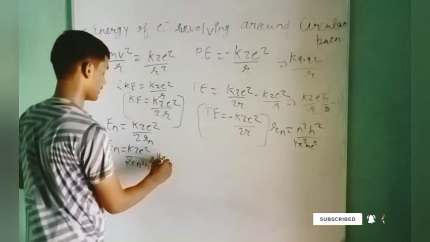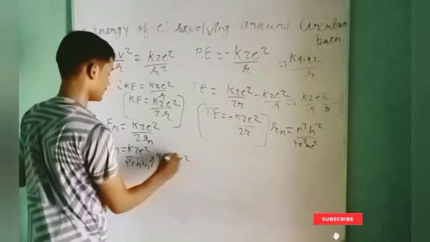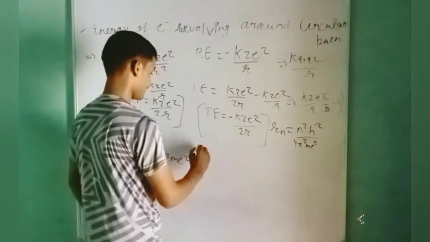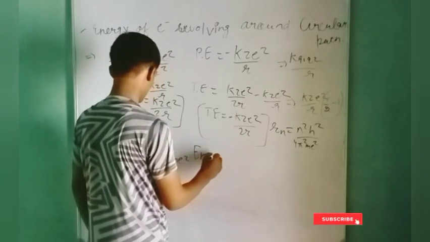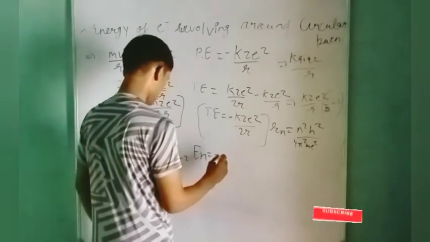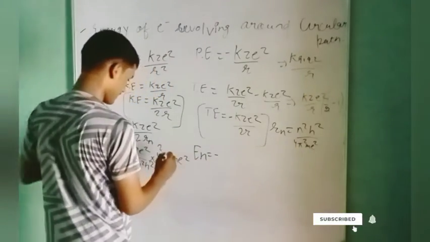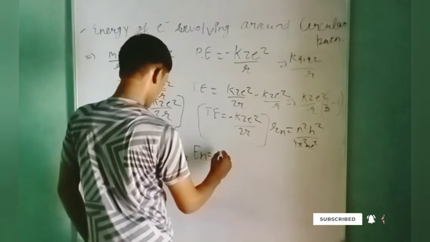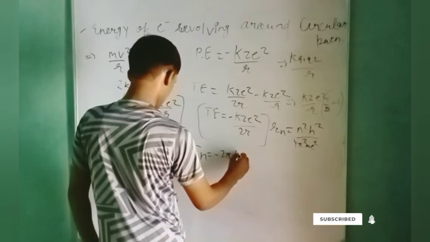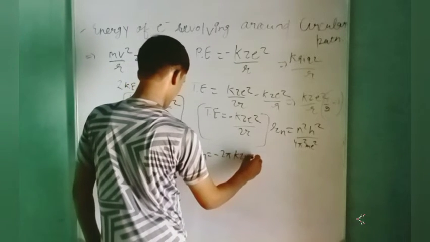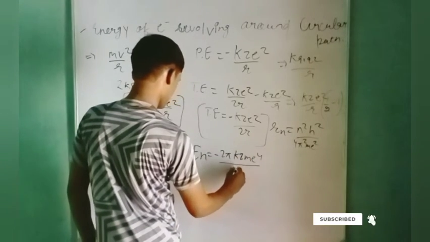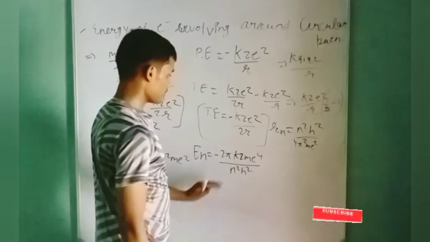So 4 pi square m e square. 4 and 4 cancel, 2 is remaining. So En is equal to minus 2 pi square k square Z square m e to the power 4 upon n square h square.